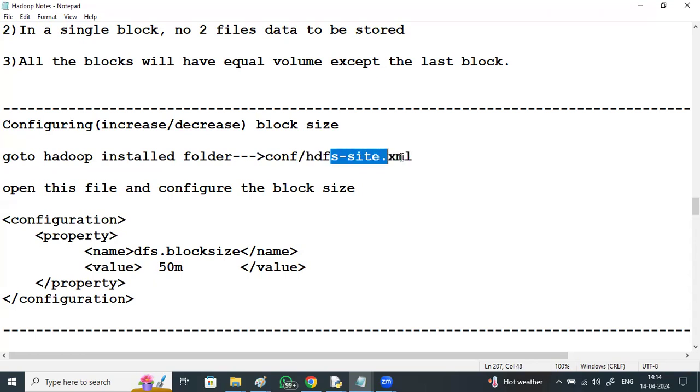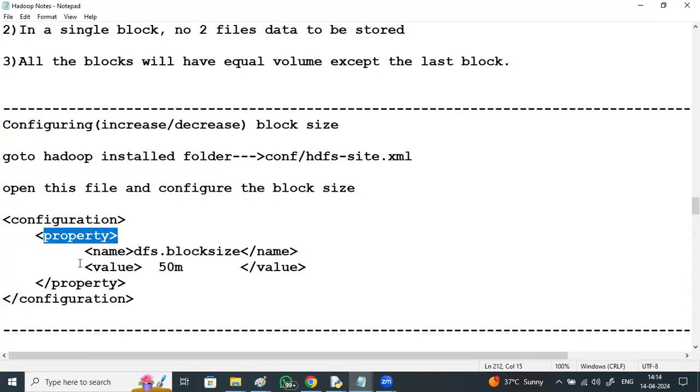Within this XML file, it will be an empty file. So we need to write the following configuration: configuration and slash configuration, and property and slash property. XML tags means we can write our own tags.